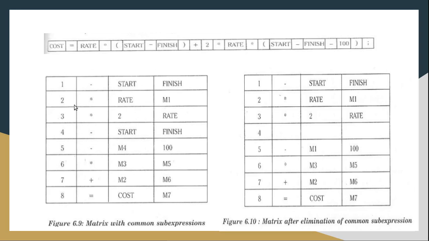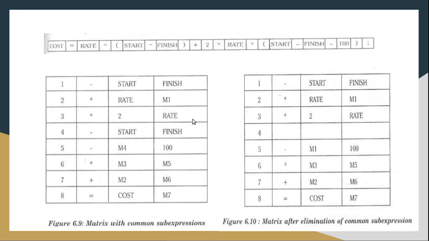So this is the intermediate or matrix form of this particular assignment statement. This is the matrix line number, this is the operator and these are the operands. First we are doing start minus finish, and this is M1, and it will be multiplied with the rate, so rate star M1.